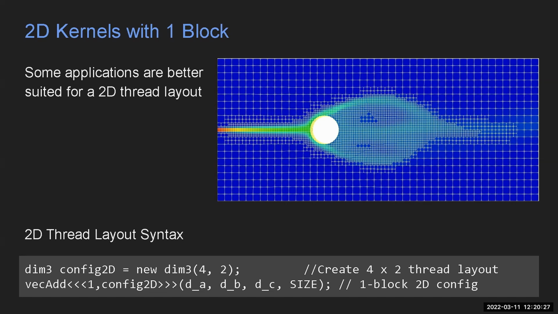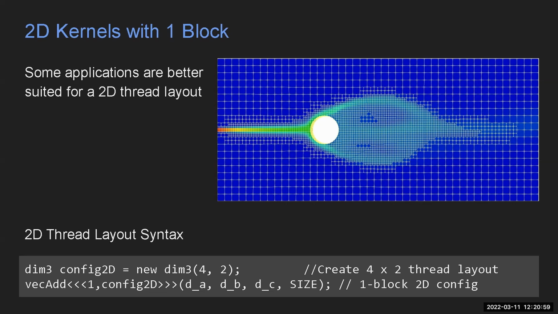To create that kind of configuration, you can see down at the bottom here, there's this type called dim3. Dim3 is a built-in object type in CUDA. You don't have to import anything special. It's just part of CUDA. We create a new dim3 variable of length 4 in the x dimension and length 2 in the y dimension.